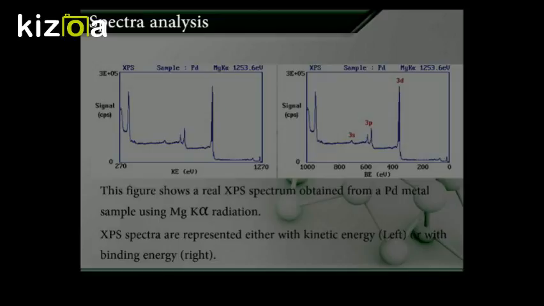The remaining peak is not an XPS peak, but an Auger peak from an Auger emission. It occurs at a kinetic energy of around 330 electron volts. In this case, it is meaningless to associate it with binding energy.